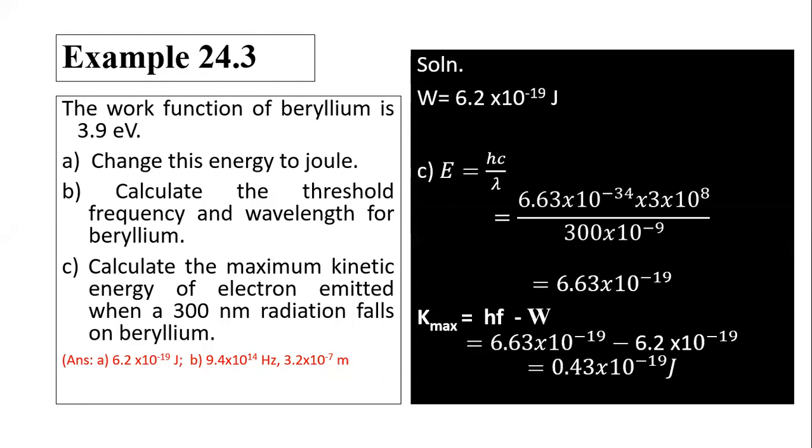Can you get the answer? I did get the 6.63 times 10 to the power -19, but then when I subtract it in the calculator, it's showing me something else. What is the energy for hf? You have got this answer.